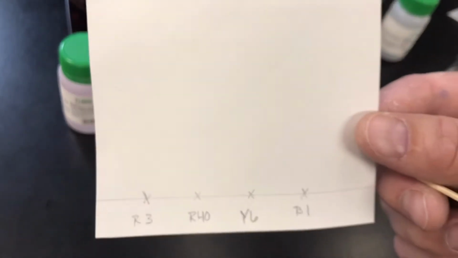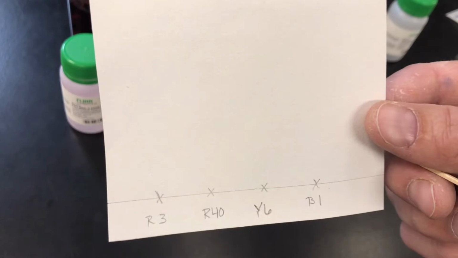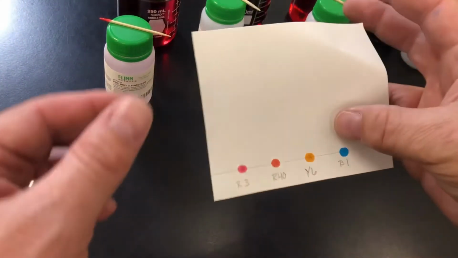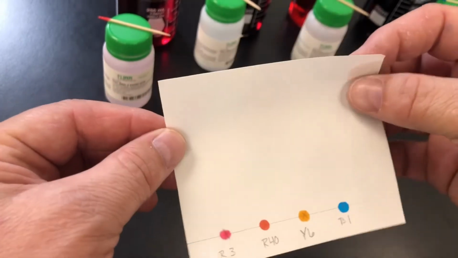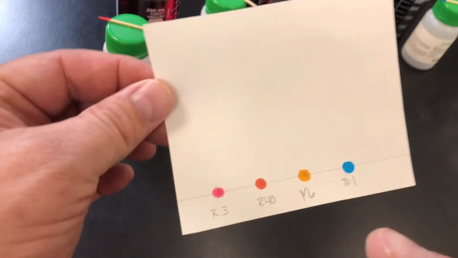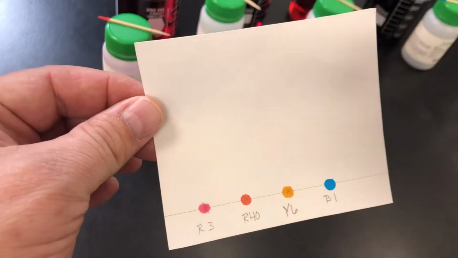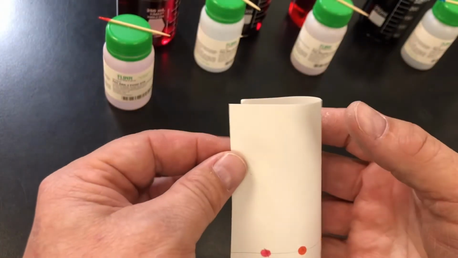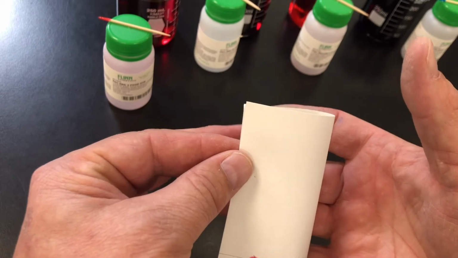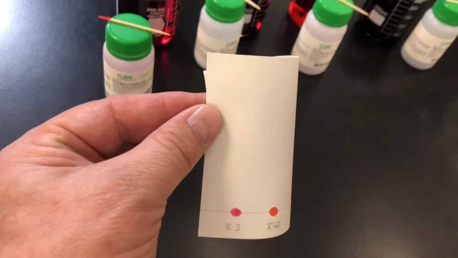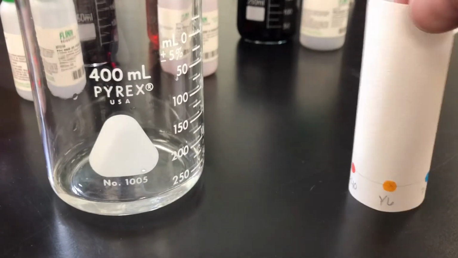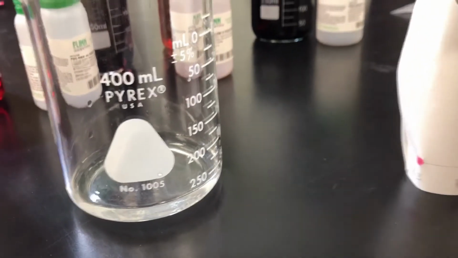And so here in just a second, all of these should be dotted up. Okay, so we have this. We're trying not to touch this as much as possible so that the oil on our fingers doesn't get in the way. So now we need to turn this and staple this so it will go into the beaker. Okay, so now we have our paper, and it has all of the 4 dots on here.